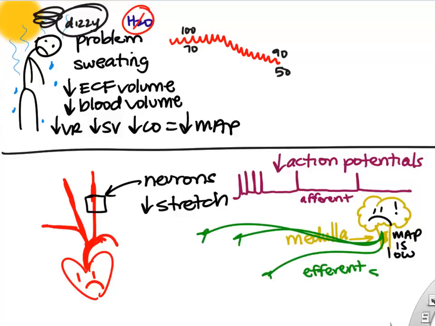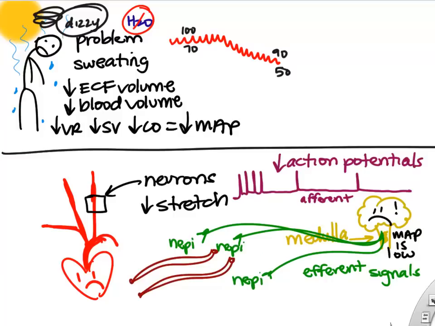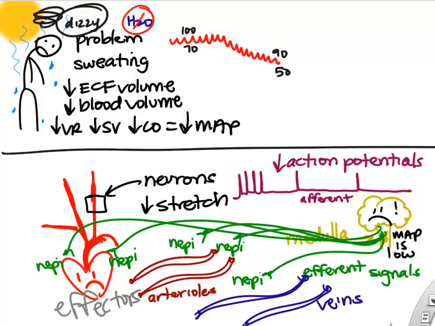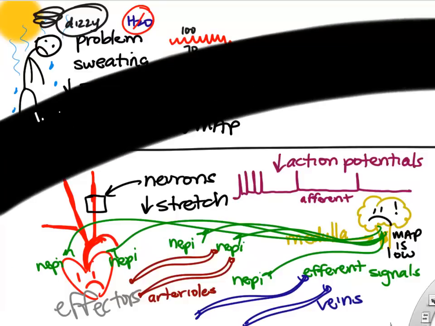When the medulla senses low blood pressure, it sends out efferent signals to various effectors like our blood vessels, specifically the arterioles. It also sends action potentials and releases norepinephrine at the heart. It also activates our veins. So all of these effectors will respond and hopefully bring our blood pressure back up.